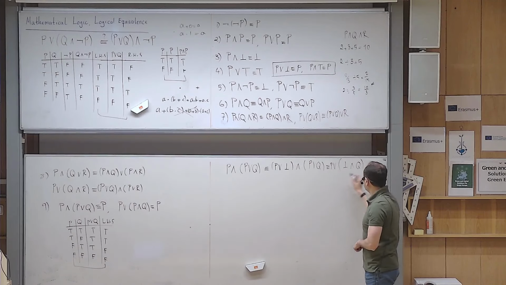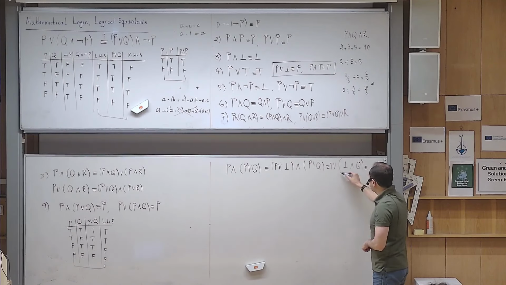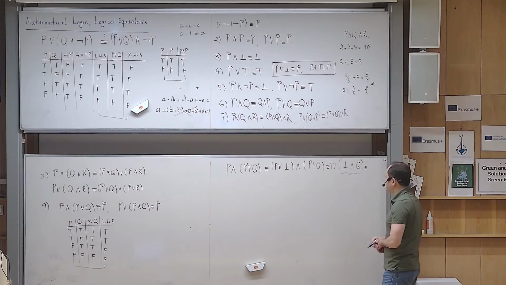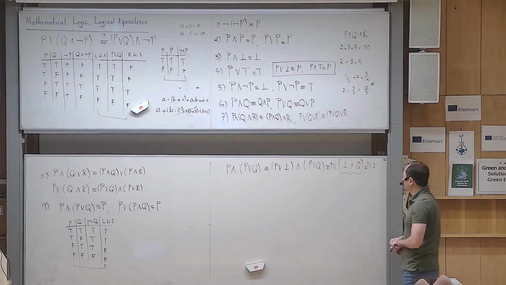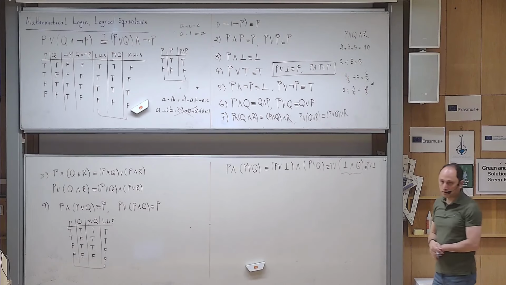And then what can I do here? Is there something I can write for this? A contradiction and Q, regardless of the truth value for Q, because this is conjunction with contradiction, it's a contradiction. So it becomes P or a contradiction. But what is P or a contradiction?